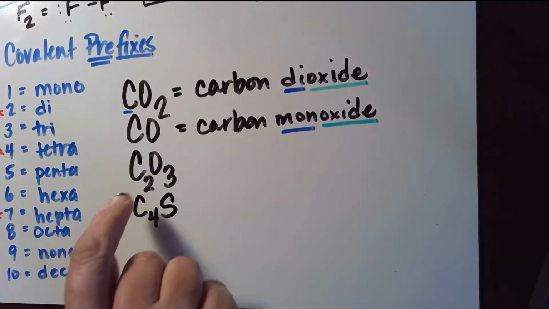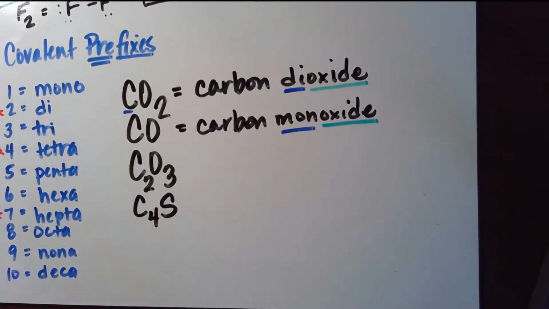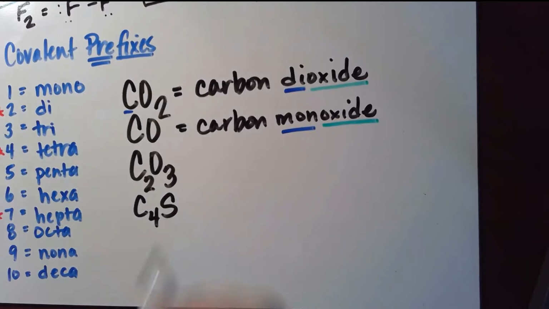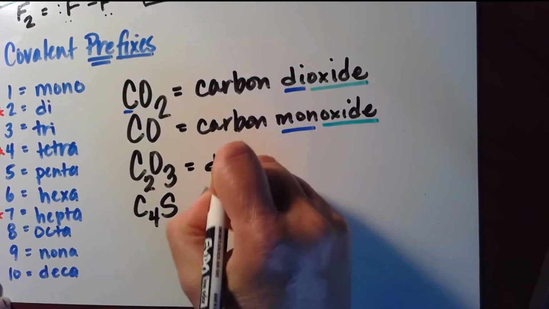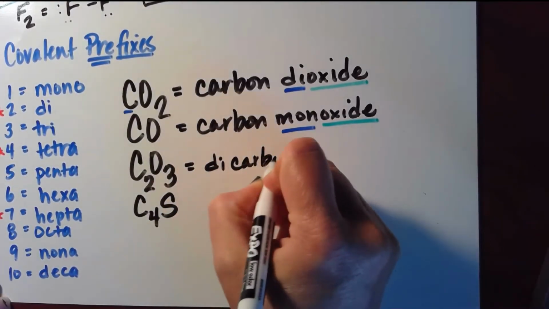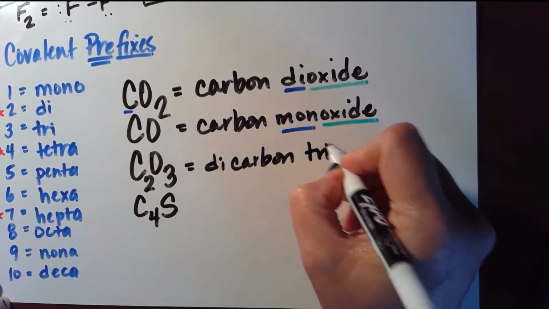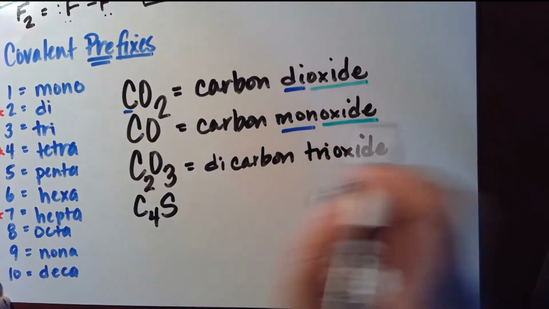Now, if that element in the first position has a number, now we bring in the numbers for it. Looking for the 2, it is di again. So we would call this dicarbon, and 3 is trioxide.